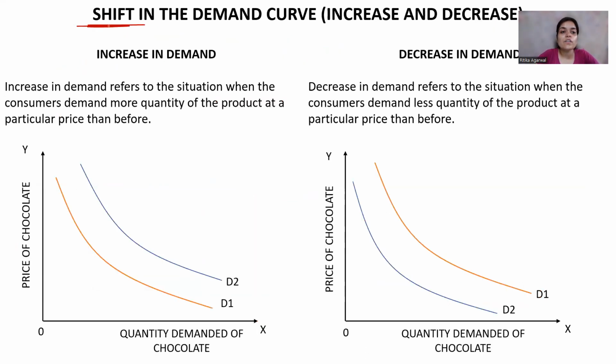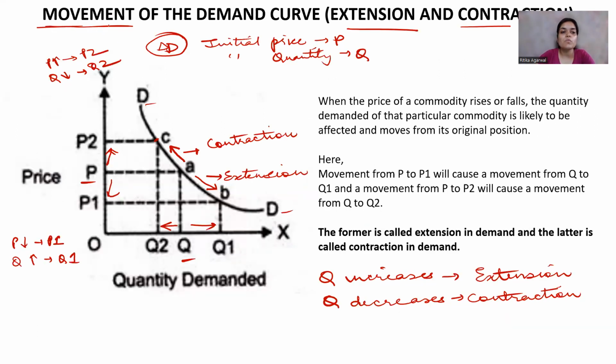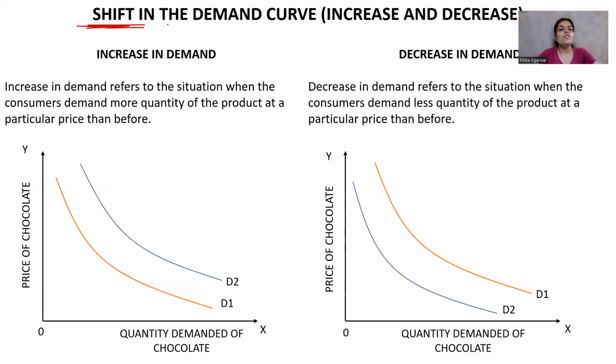Now, similar to this concept of movement, we have the shift in the demand curve. There's a difference between the literal meaning of the terms movement and shift. Movement means there is only one demand curve and we move from one point to another regarding the price increase or decrease and the corresponding quantity increase or decrease. Shift means when we totally shift the demand curve, increasing or decreasing it, because of many reasons.